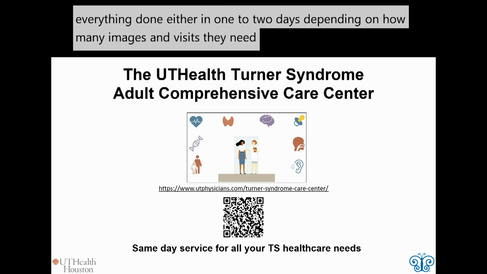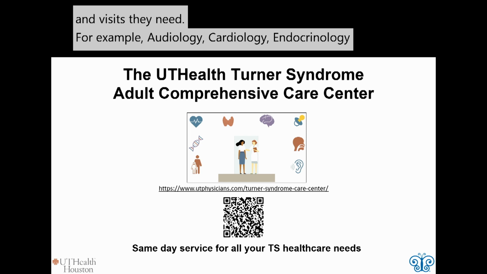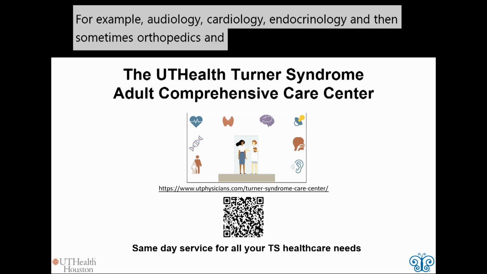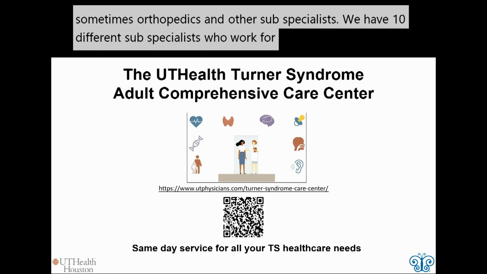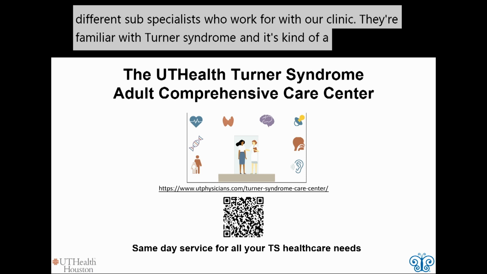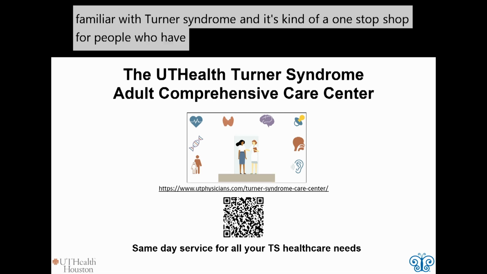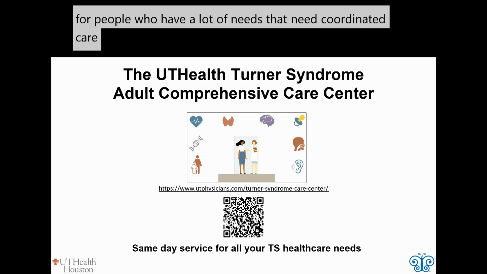For example, audiology, cardiology, endocrinology, and then sometimes orthopedics and other subspecialists. We have 10 different subspecialists who work with our clinic. They're familiar with Turner syndrome, and it's kind of a one-stop shop for people who have a lot of needs that need coordinated care. So I'll stop there.